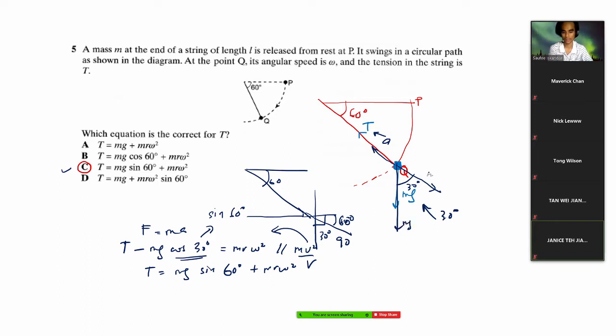So this one will be mg cos 30 in this direction. This way will be T, and the opposite side will be mg cos 30 degrees. Pointing downwards will be mg. This one will be 30 degrees.